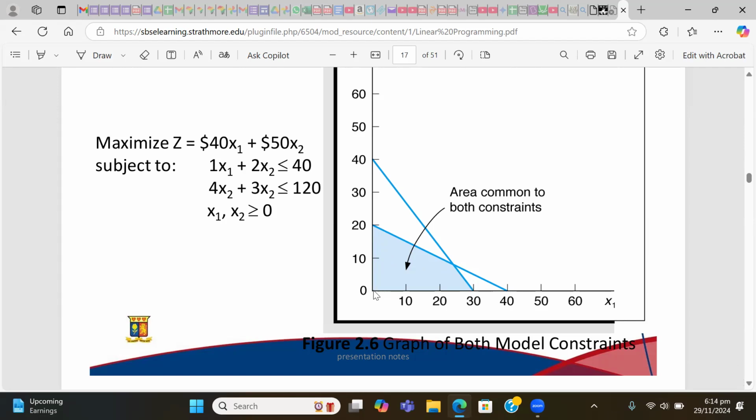Well, it can't be here, definitely not the origin. So it's either this point here, this point there, or this point here. And they actually fool around. Let me just show you that at this particular point here is where z has its maximum value.